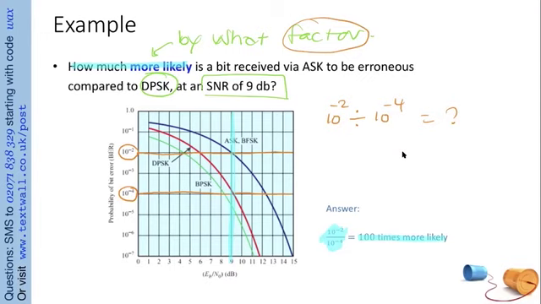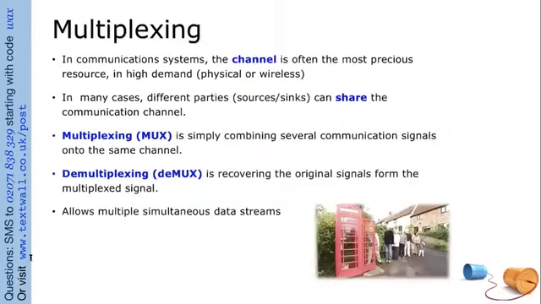So if you receive a bit, 1 bit, with a signal to noise ratio of 9 decibels, 1 bit of ASK is 100 times more likely to be in error compared to DPSK. Okay, I hope that's clear. Maybe there's another 0 there. 100 times, yes, 100 times.